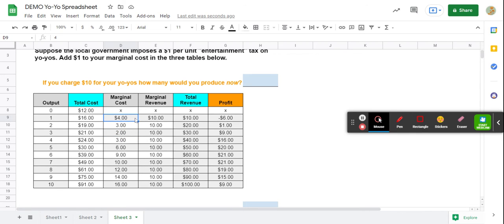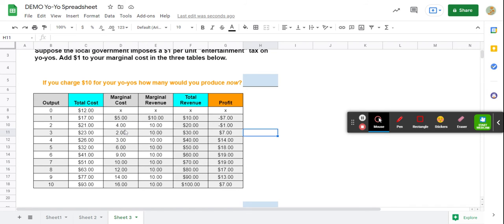So you're going to need to come to each of these and add $1. So 4 plus 1 is 5, right? And then 3 plus 1 is 4, if I could do that in my head, right? So you're going to do this all the way down, adding $1 to your marginal cost. But notice what is going to happen. Your total costs are going to change, and therefore your profit is going to change.